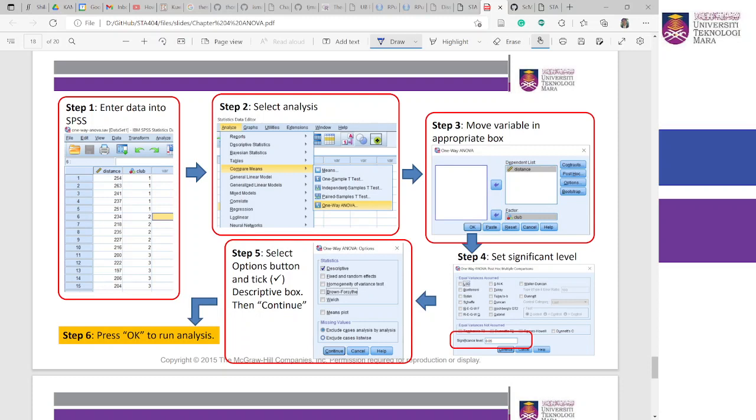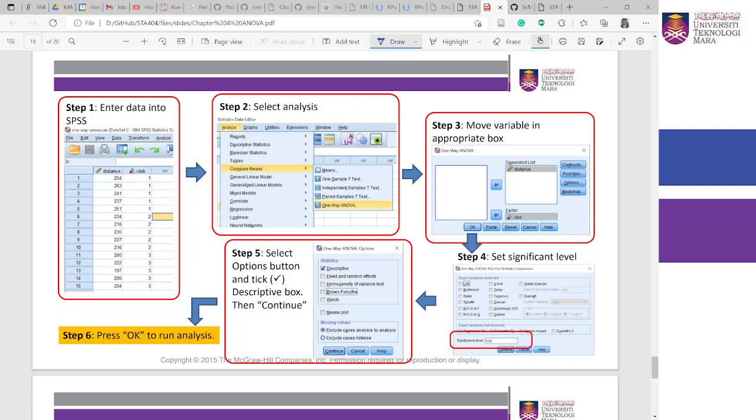Okay, you click on the contrast. Okay, click on the multiple comparison, post hoc tu boleh pun. Okay, you click on the one-way ANOVA post hoc multiple comparison. You choose the significant level to be equal to 0.05. Okay, make sure that is equal to 0.05.